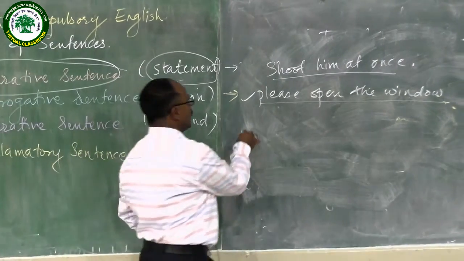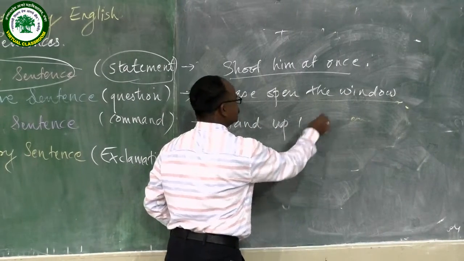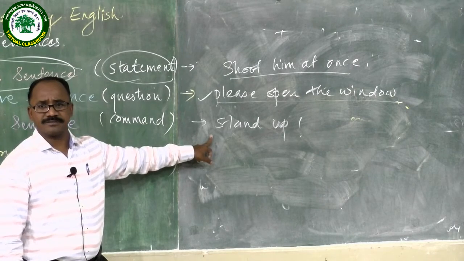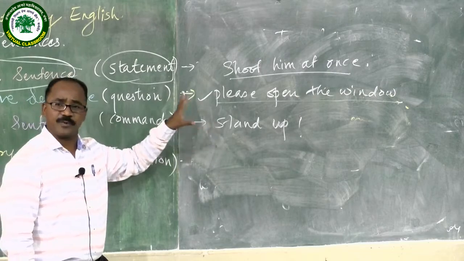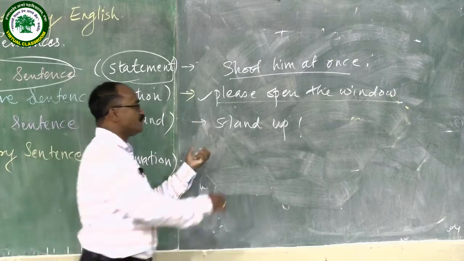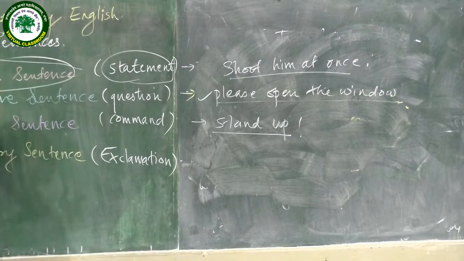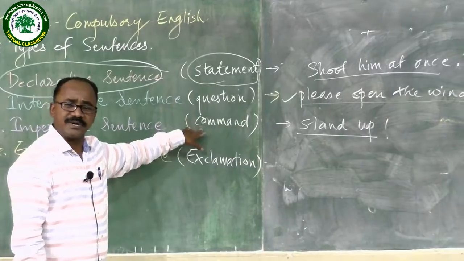Another, look at this sentence, stand up. Stand up is again an order, a kind of sentence where someone is expecting something, and that is why imperative sentences generally deal with commands, requests, or advice.